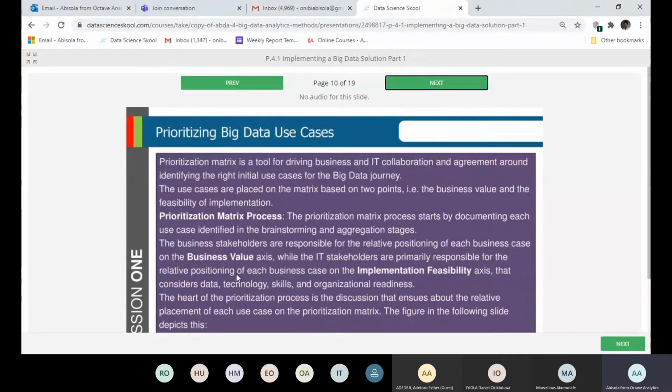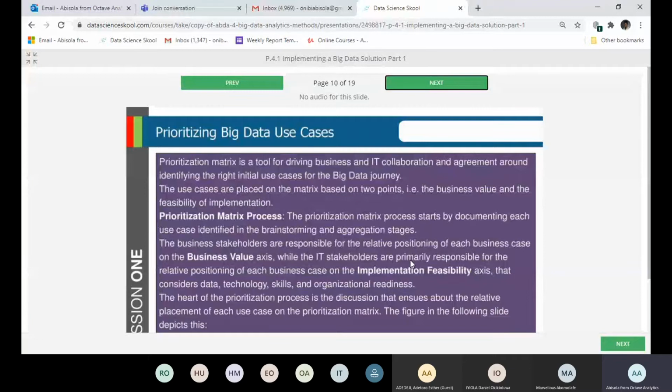As the name implies, how feasible is it to implement this use case? So it is the IT people that place it there. Business value: how much value will we derive from this use case as regards our business initiative? So those are the two axes we have.